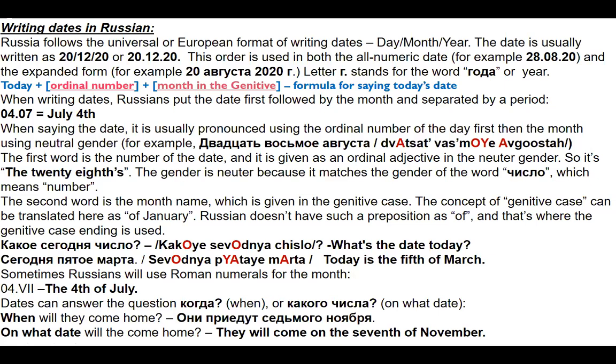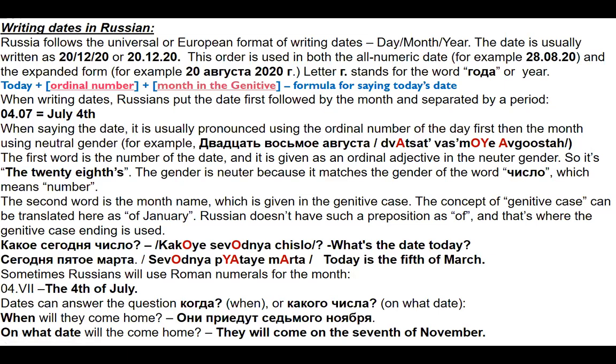The date is usually written as 20.12.20, with periods. So we need to remember that the European format goes day, month, and year.